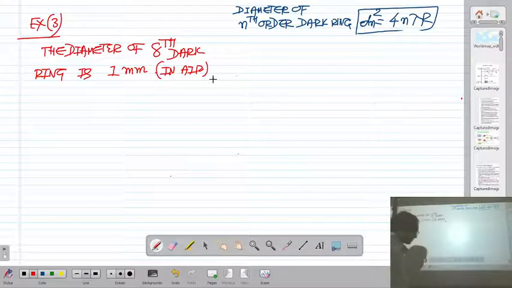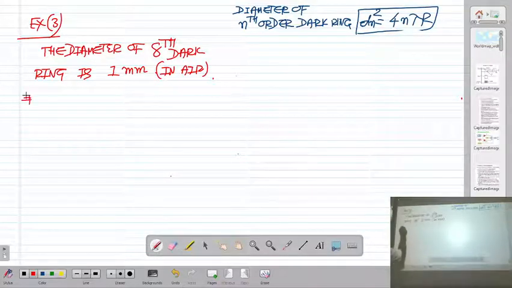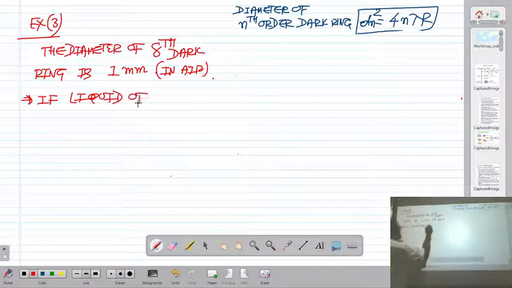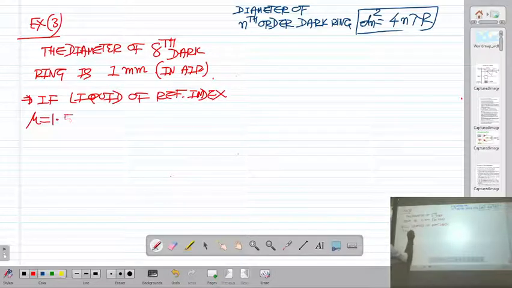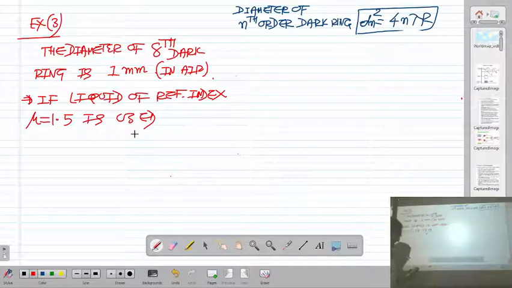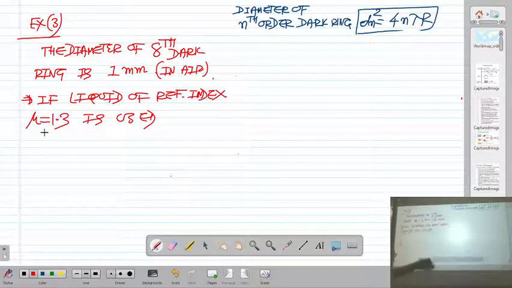If a liquid of refractive index mu equal to 1.5 is used, sorry, 1.3 is used, you know what is the name of the liquid whose refractive index is 1.3? It is water.